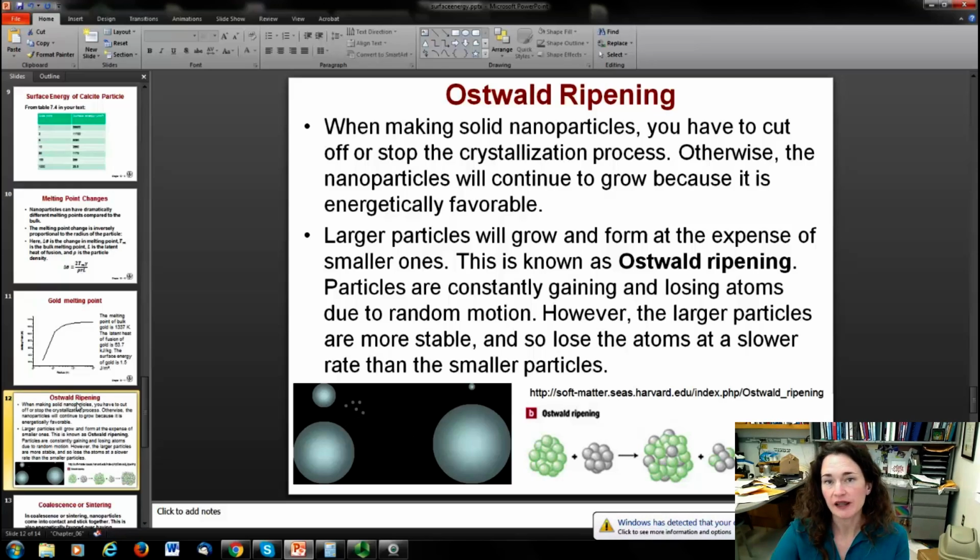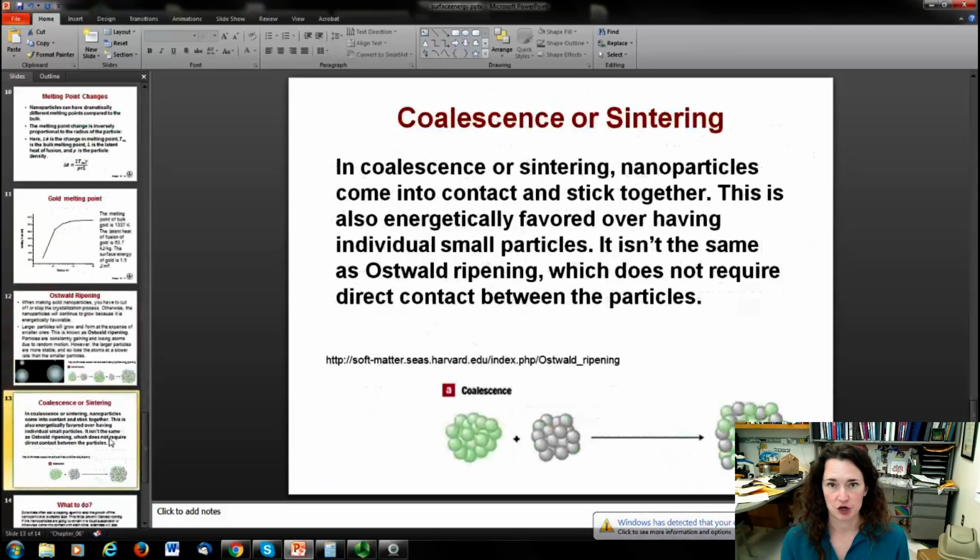And so they're going to leave that particle at a lower rate than tiny little particles, for which it's energetically favorable to just go away, okay? So the smaller particles have a larger rate of loss than the bigger particles, and in the end you just end up with a whole bunch of big particles. That's Ostwald ripening.